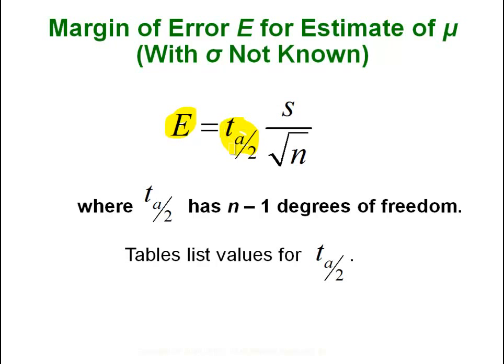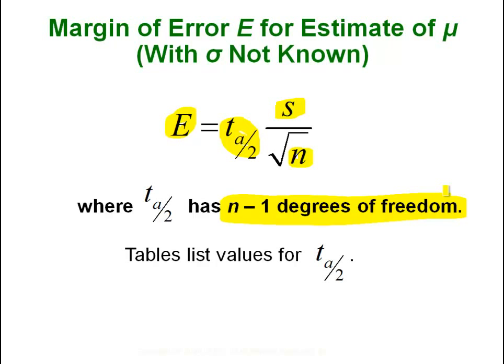So instead of z-scores, we're now going to be using t-scores, and then this s is the standard deviation of our sample, and then of course n is our sample size. And when dealing with t's, we have to have degrees of freedom. We have to know what degrees of freedom are, and in this case the degrees of freedom is going to be n-1. You can find t-critical values listed in tables and online, and most technology can give them to you as well.